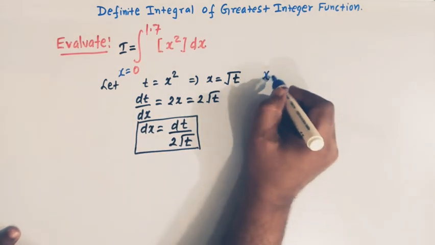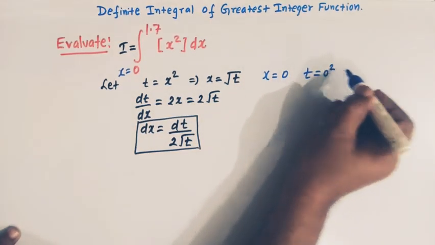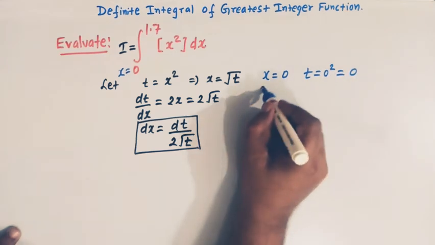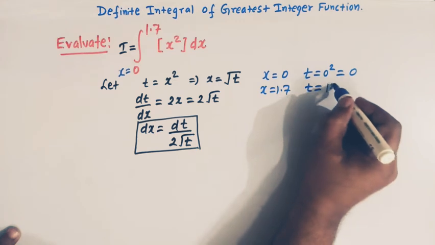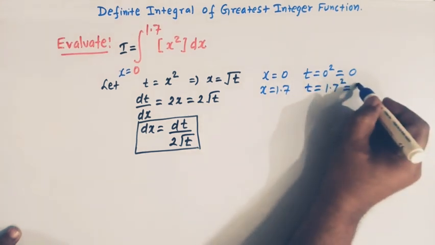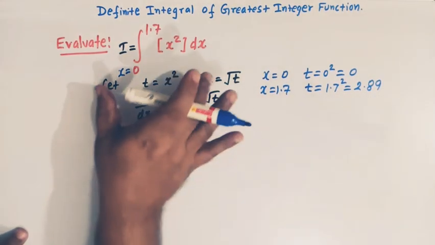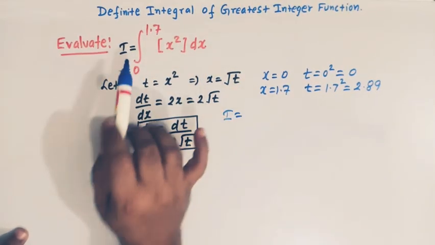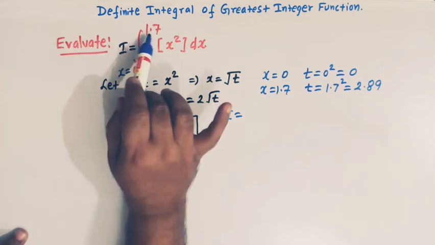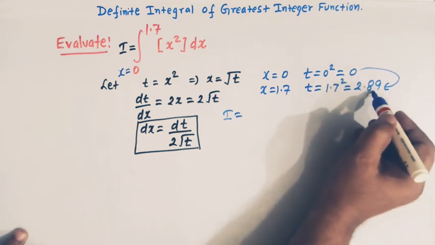So when x is equal to 0, then the value of t is 0 square, that is equal to 0, and when x is equal to 1.7, the value of t is 1.7 square, that is equal to 2.89, right? So now let us rewrite this integral I. Here the limits are from 0 to 1.7, so now the new limits are from 0 to 2.89.